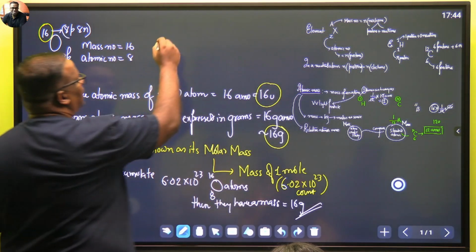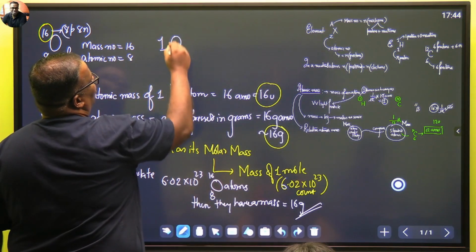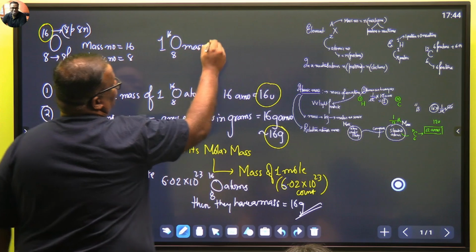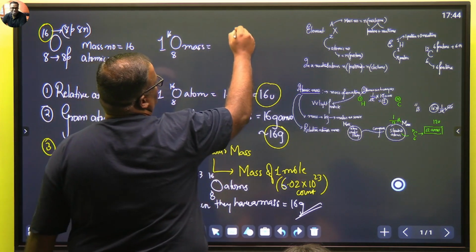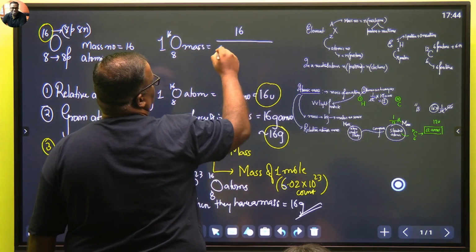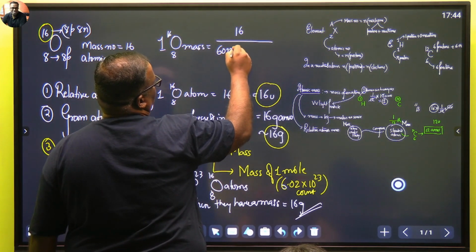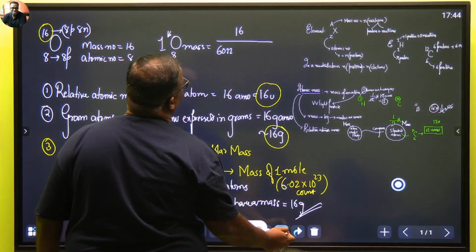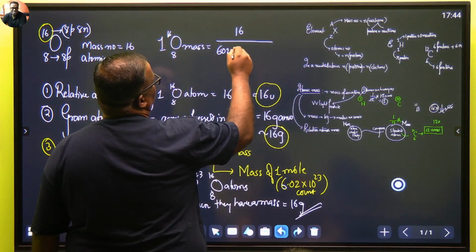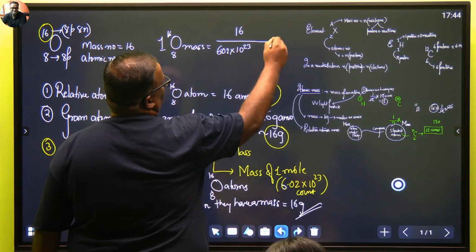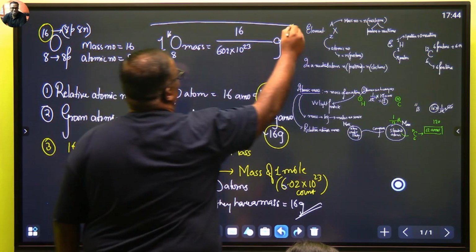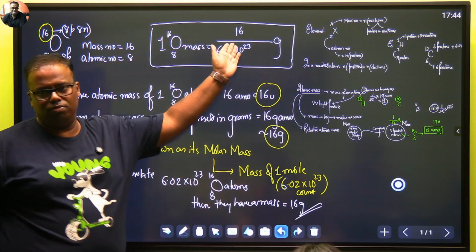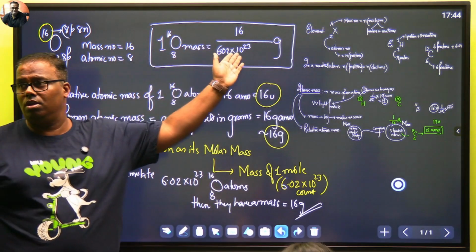Therefore, the final crux is one oxygen atom's realistic mass is 16 divided by 6.02 into 10 to the power 23. This is the actual mass, but can you remember this figure in your life? No, it's very difficult.